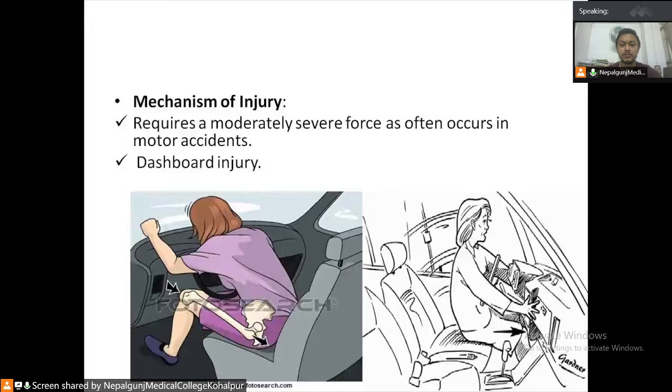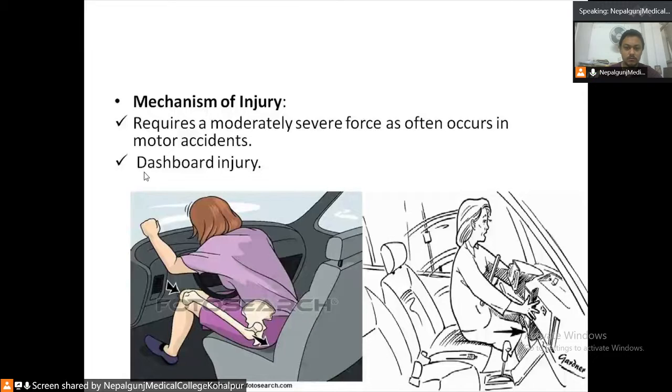The mechanism of injury is usually a motor vehicle accident. So it's a very high velocity injury. Or you can say it's a dashboard injury. What happens in a dashboard injury is this female is driving her car. She has to apply the brake very suddenly in sudden circumstances.